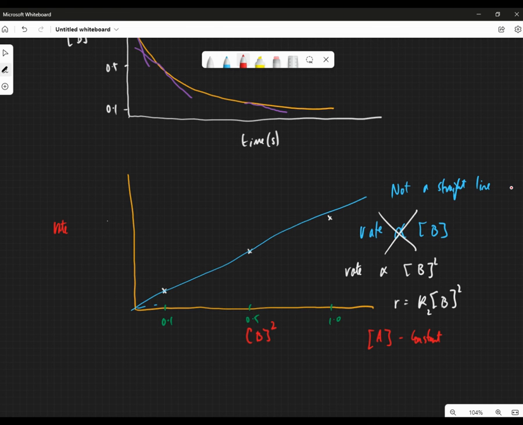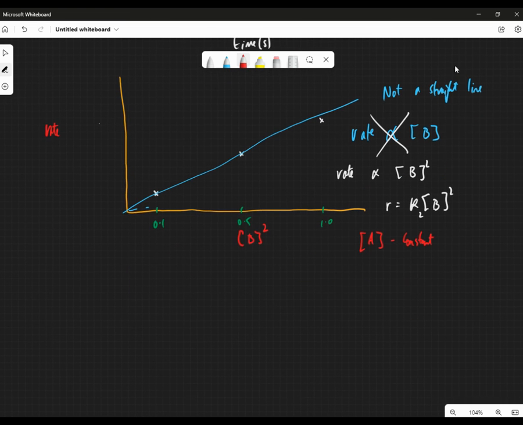If you remember, when we changed A, we got rate equal to K1 times A. And when we changed B, we got rate equal to K2 times B squared. The second only works when A is kept constant, and the first only works when B is kept constant.